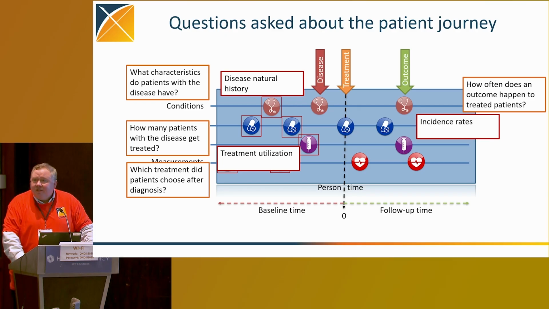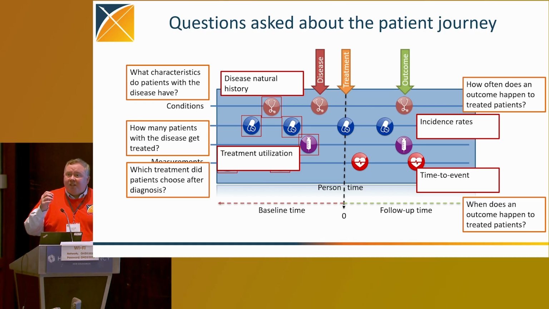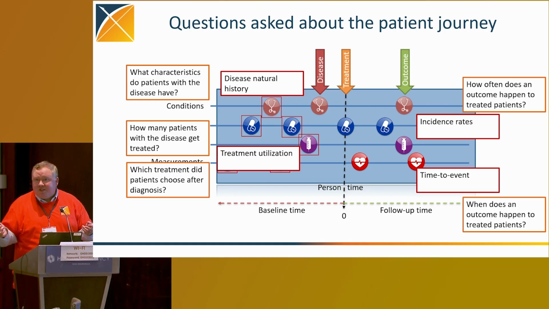And when I use a use case like outcome incidence, we could say, how often does an outcome happen after treatment starts? We can also think about a characterization analysis as a time to event. So for example, when do outcomes happen relative to exposure? All of these are standard characterization questions that just involve producing descriptive statistics to summarize a given population.